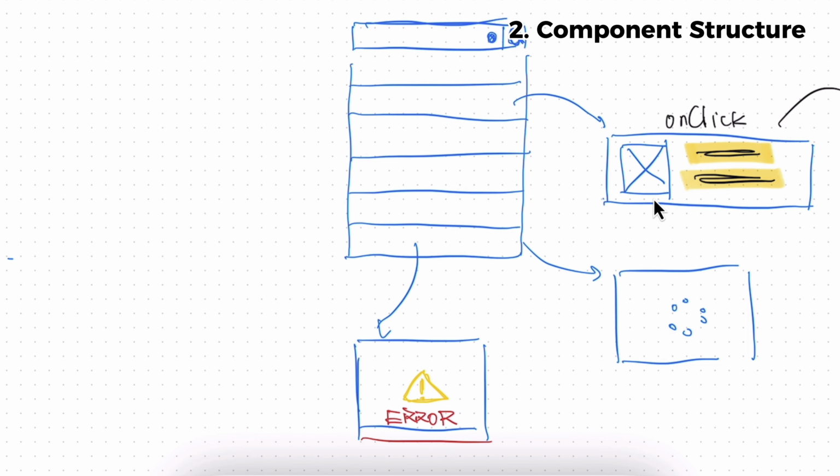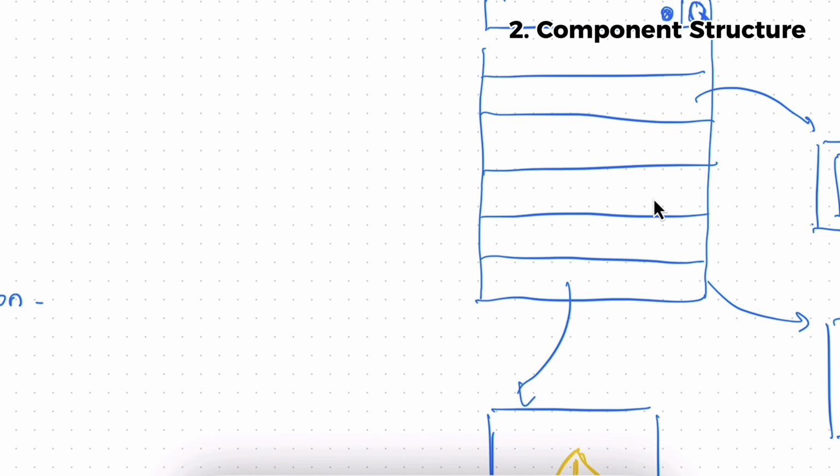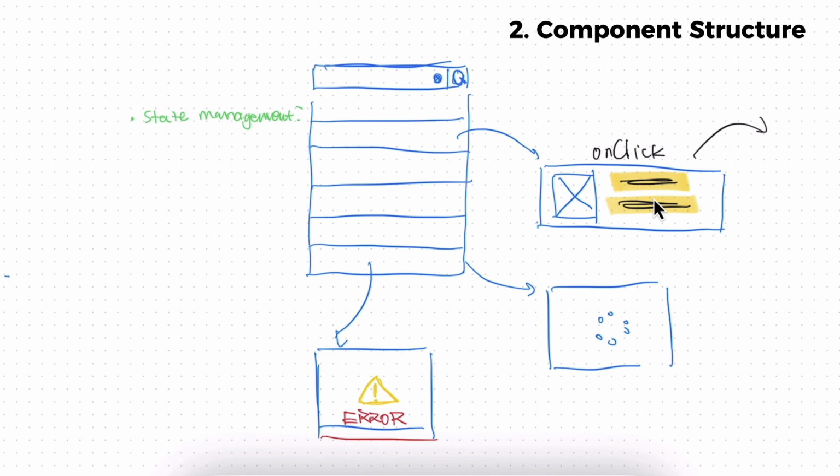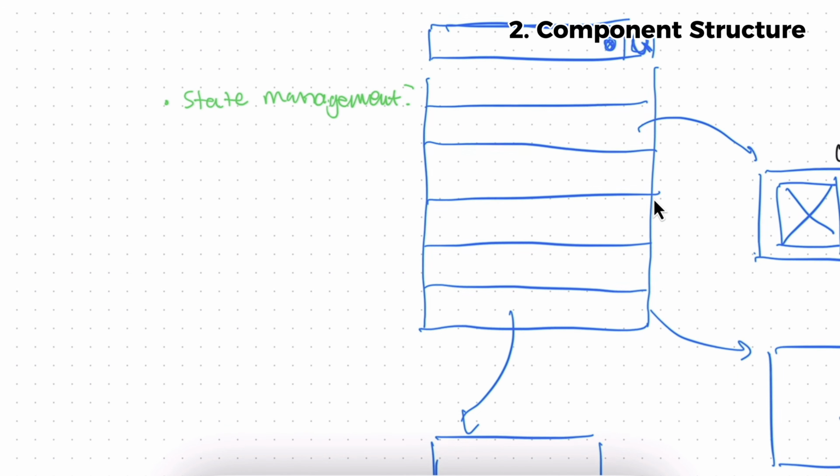And there could be a few other discussion points here. I will just simply list them here. Where the state lives, state management. So for example, we want to manage or store this data somewhere in the front end, and we want to design that, or at least talk about that.